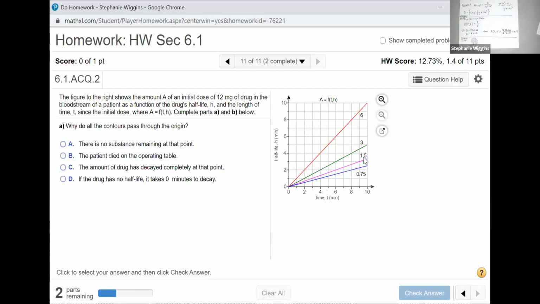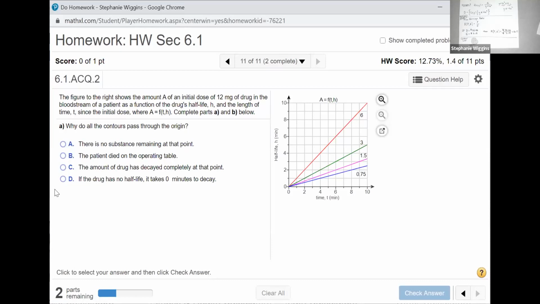These values here for the contour lines, 0.75, 1.5, 3, and 6, those are the output values. In other words, those are the amounts of drug in your system. And the horizontal axis is time, and the vertical axis is your half-life. T and H are both input values, and the contour values are your output values.